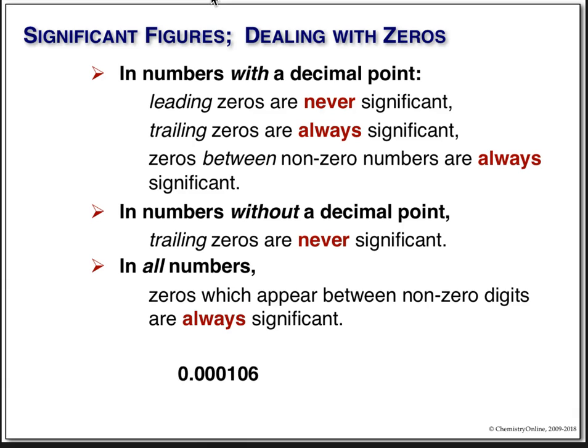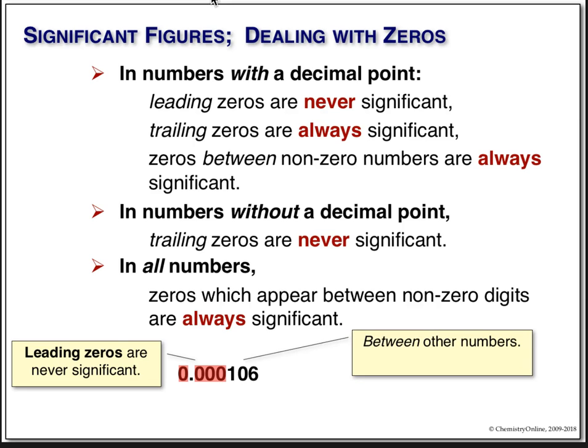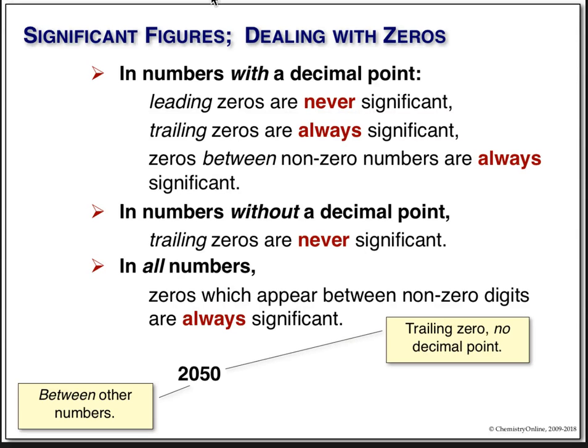All the guys in front go away. This zero is between real numbers, so it stays. And we're left with 1, 2, 3 significant figures. $20.50, no decimal point. Get rid of the last zero. And we have three significant figures.